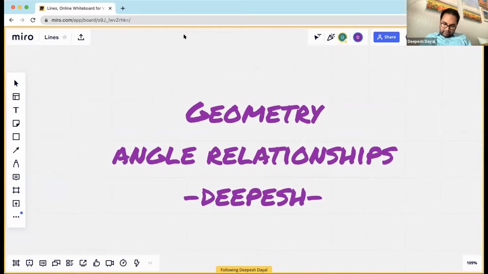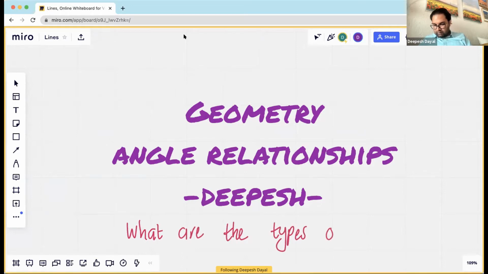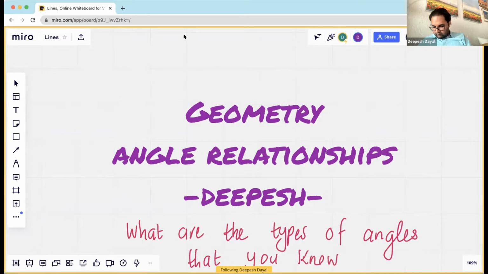So while we're waiting, maybe we can think about what are the types of angles that you remember, right? What are the types of angles that you know?